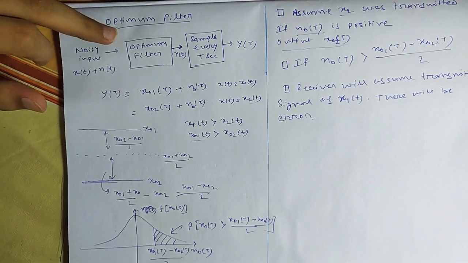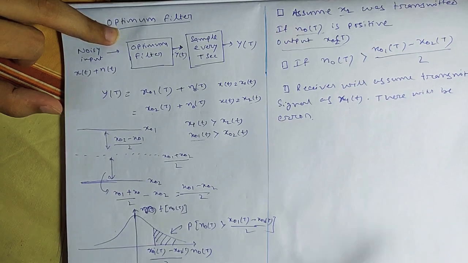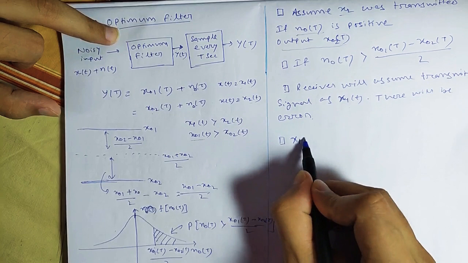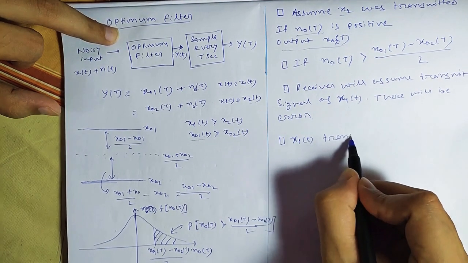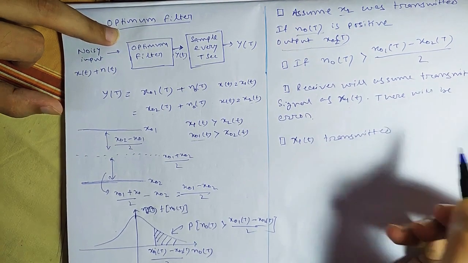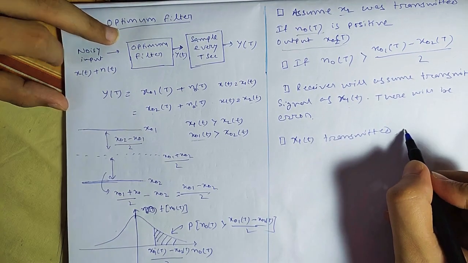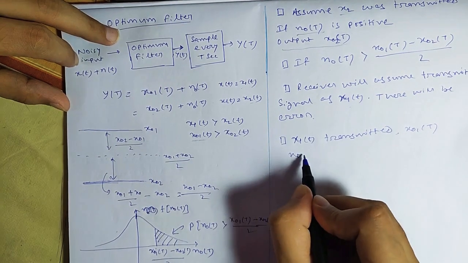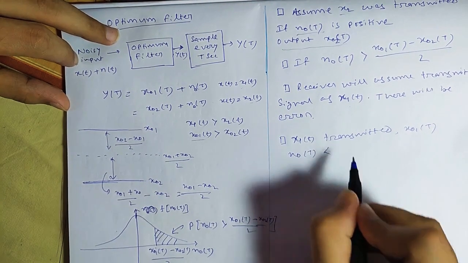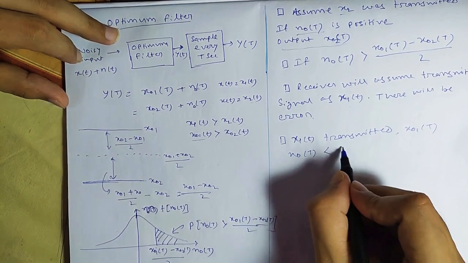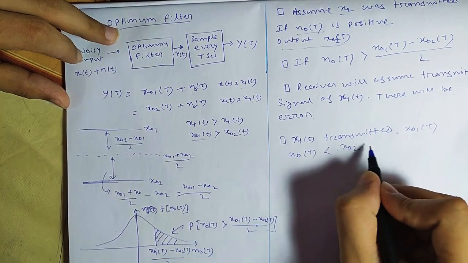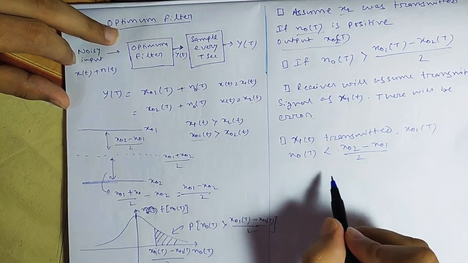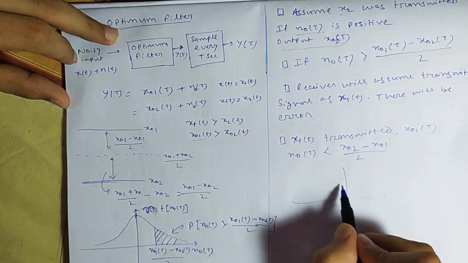Similarly, if I assume x1(t) was transmitted, the output without noise will be x01(t), and if the noise n0(t) is less than the corresponding negative difference, by 2, that corresponds to this region.